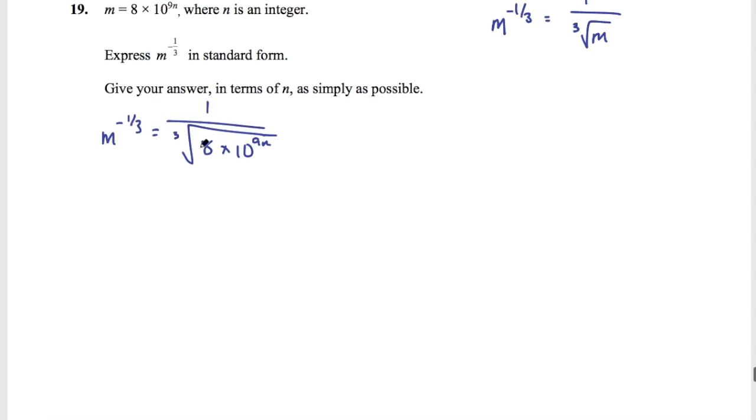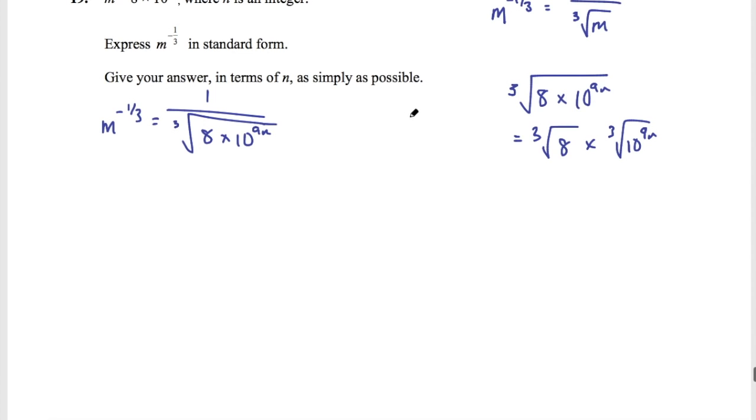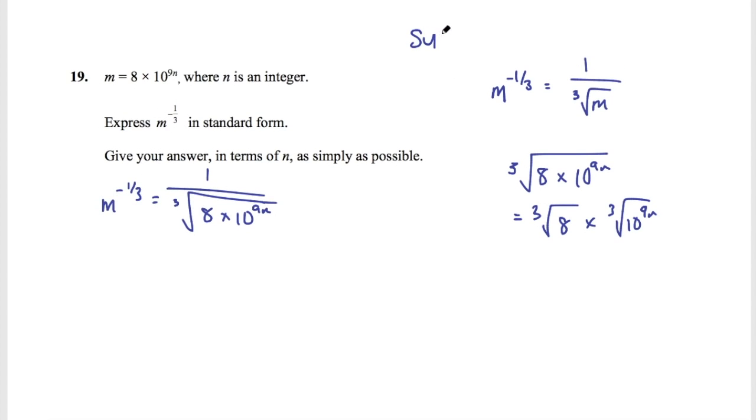So now this is the same as if I take the cube root of 2 things multiplied, so 8 times whatever this is, so 10 to the 9n, that will be the same as the cube root of each thing separately. So that's perfectly fine to split them up like that. So that's part of surds. So this whole question is really about surds and rules of surds.